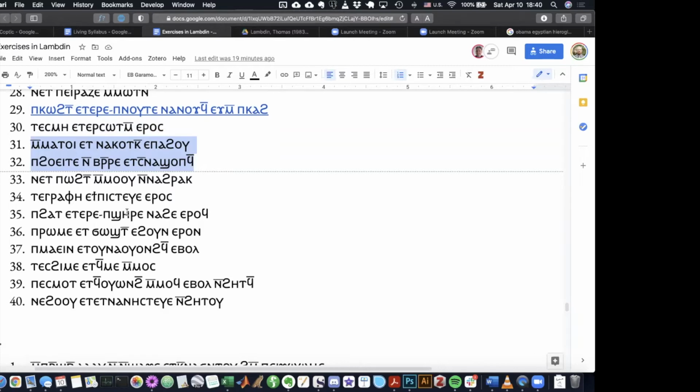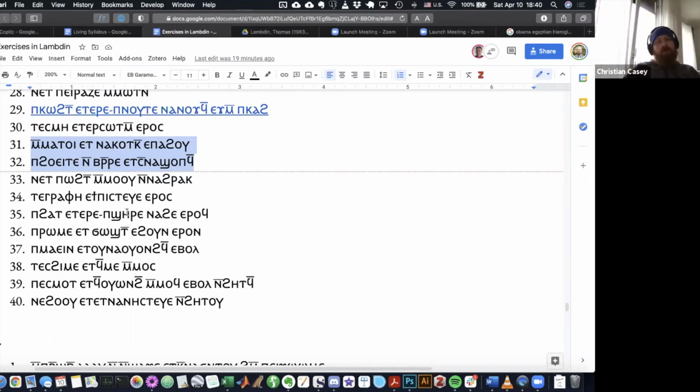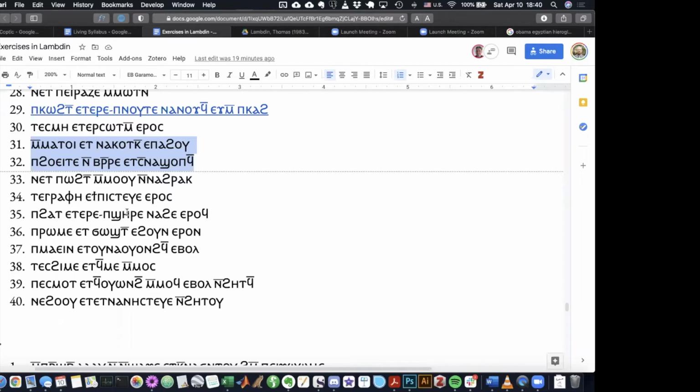Immatoi et narcotic epahu. The soldiers who will kotek back, return for you. Keep in mind that kota can also be used transitively. So all those examples I showed a couple minutes ago, and in addition, it can have a direct object. They will bring you back, or turn you back.